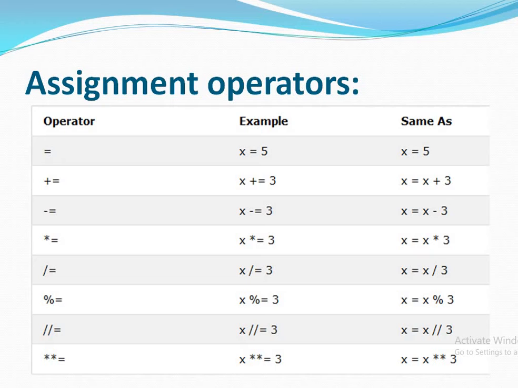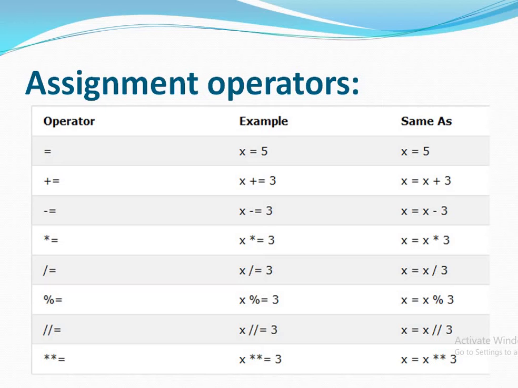Now in the next line you do x minus equal to 3. The value of x is now 8, so 8 minus 3 will be 5, which is assigned to the variable x again. I think I am clear enough. So what is the purpose of plus equal to, minus equal to? You can call them shorthand operators also, but here they are given under assignment operators.